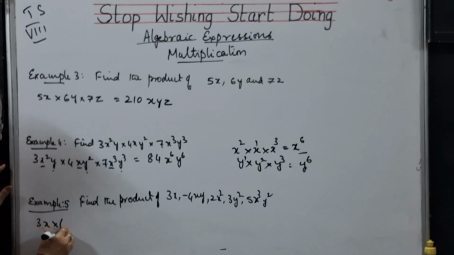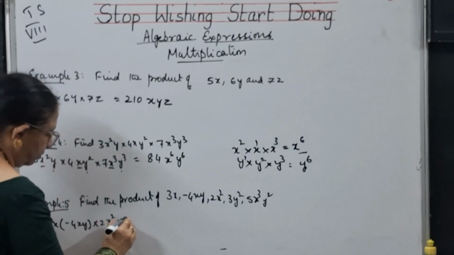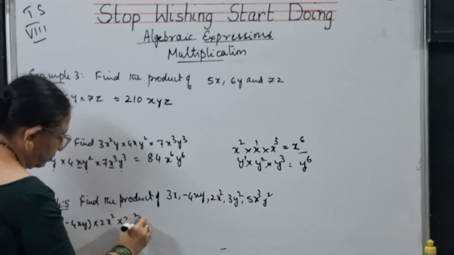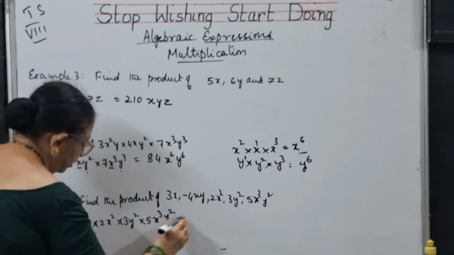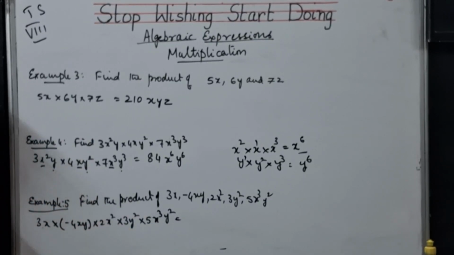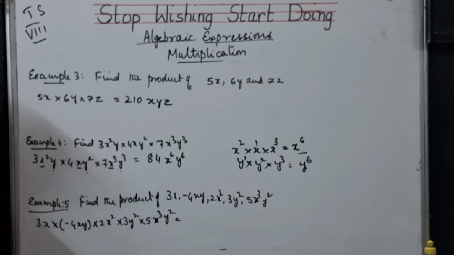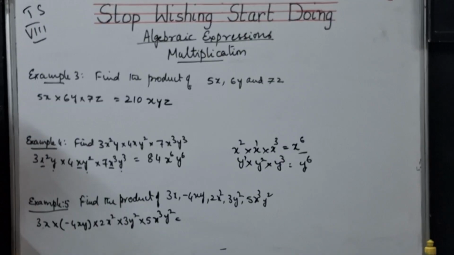3x into minus 4xy into 2x square into 3y square into 5x cube y square is equal to. So many terms are there, children. If you have many terms like this, whether the answer you will get is plus or minus, you can just observe here the signs.